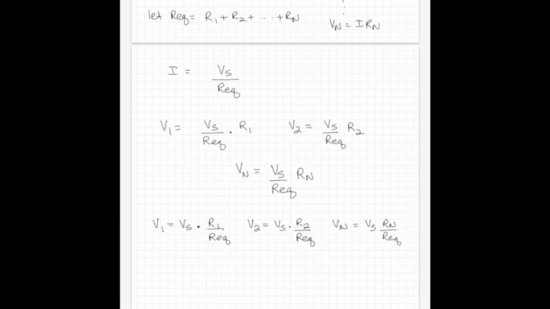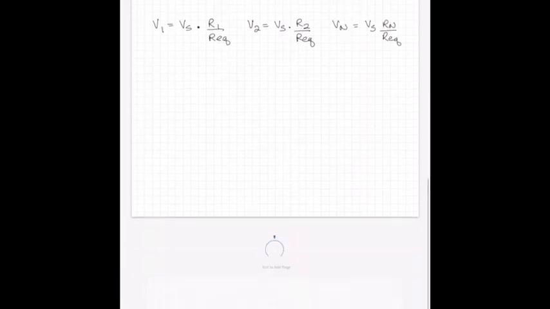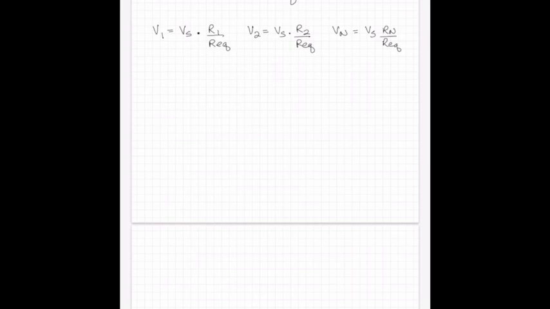And so we can write down the voltage divider equation: the ith resistor voltage in the circuit, Vi, is equal to the total voltage available to us, V sub S, multiplied by the resistor that goes with that voltage, the ith resistor, divided by the series combination of all the resistors in that particular divider circuit.